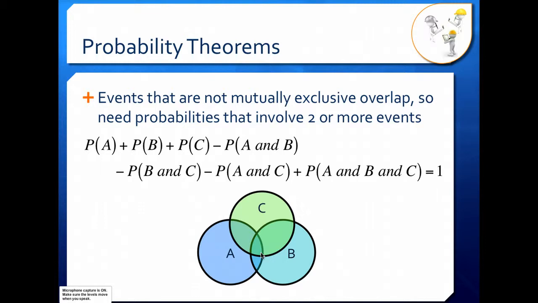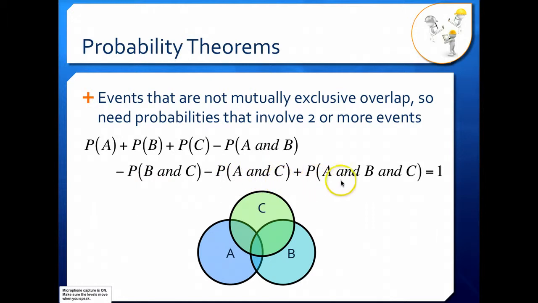Now, if you looked at where the mouse was moving over those non-mutually exclusive probabilities, you'll notice that we subtracted out this center space where A, B, and C overlapped too many times. So now we're missing that. There's a hole right here. We need to add it back in because we subtracted it out when we were accounting for the overlap between two of our events.